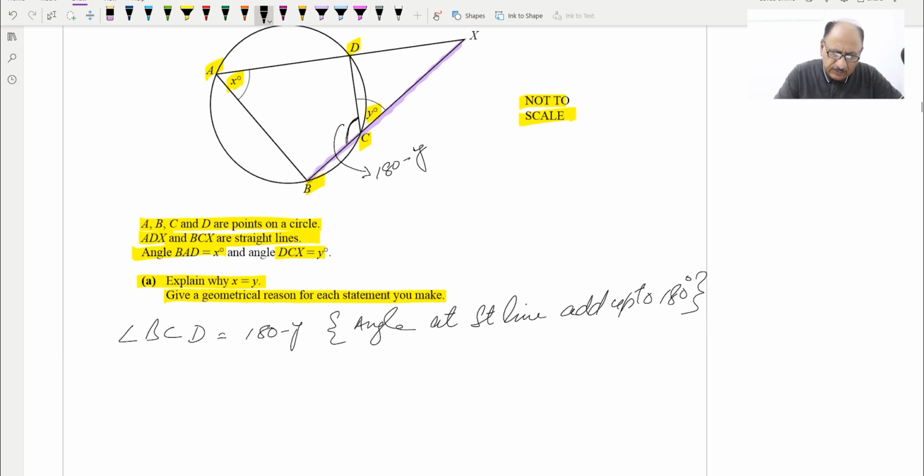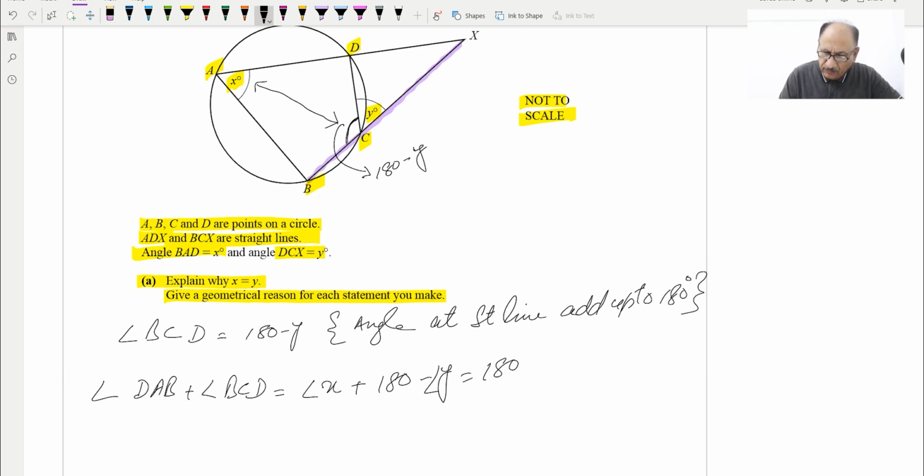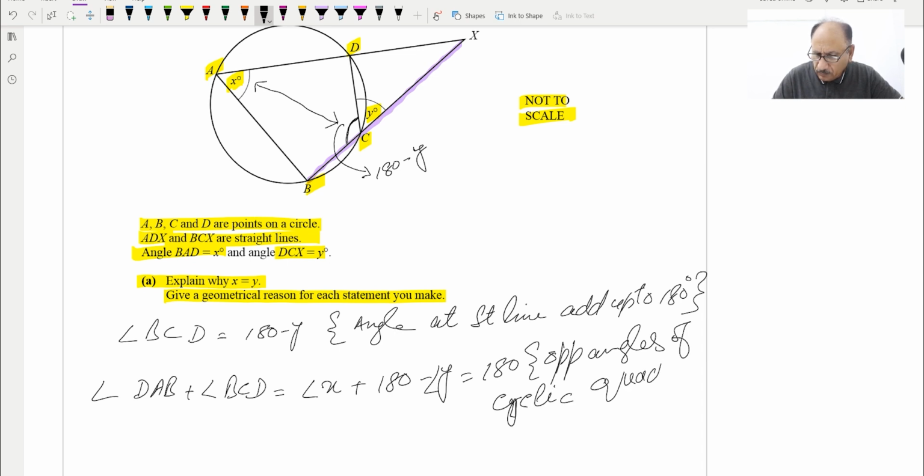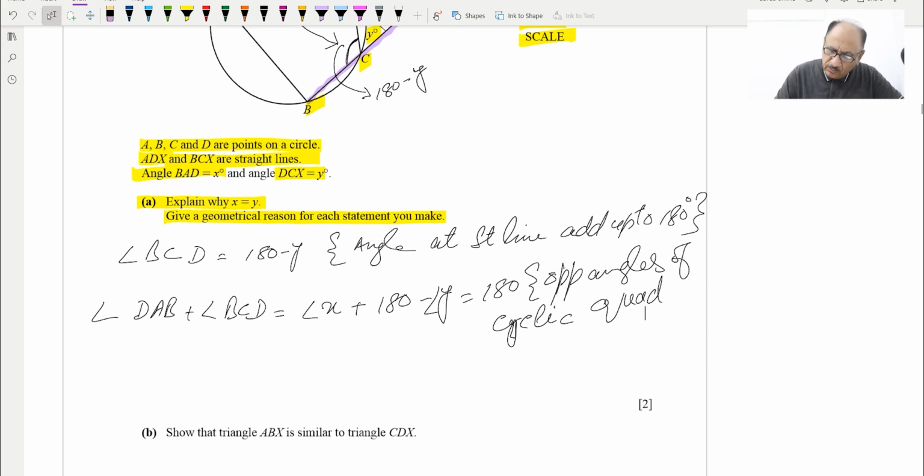And we can say that this angle and this angle, we can write angle DAB plus angle BCD, or angle x plus 180 minus y, is equal to 180 degrees. The reason for that is opposite angles of a cyclic quadrilateral, and this will be our reason.